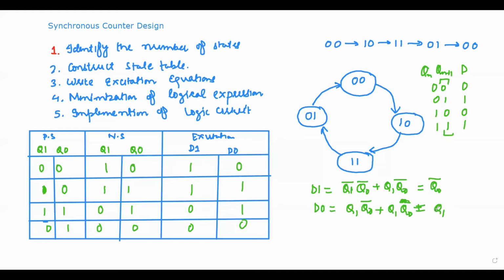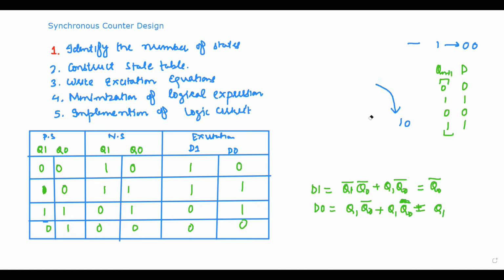Now I'm going to show you how you're actually going to implement this. I'm erasing this portion so that you get a better idea of how things are actually achieved. The first thing that is important is that two flip-flops should be there.